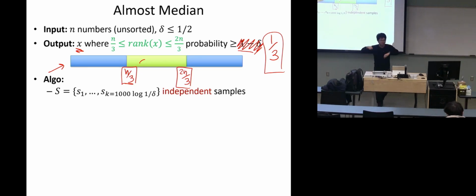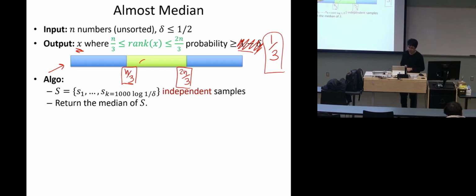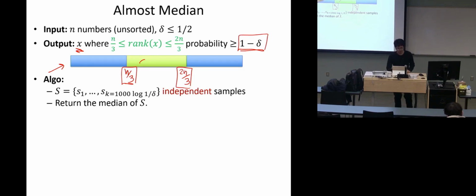Sample each of them independently, and then just return the median of this set. It makes total sense, but why is this enough? We just need to calculate that. We can get this probability, where the size of your sample is just this much.